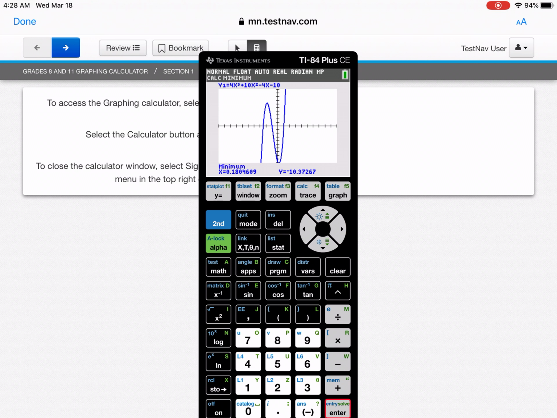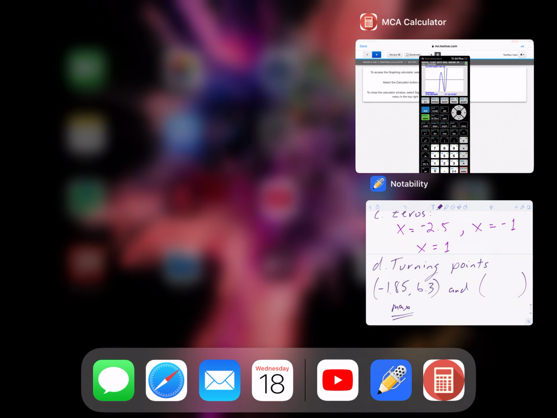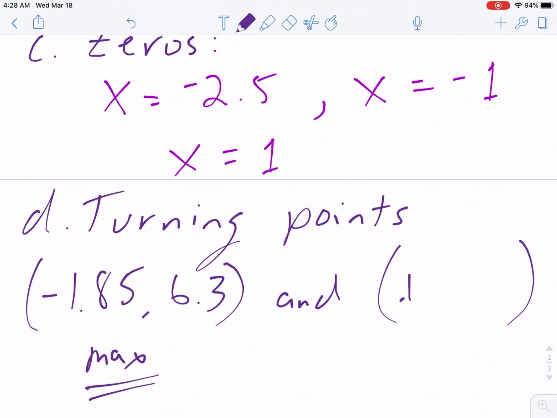Right bound is right about there. We don't need to guess. 0.18, negative 10.37. And that's all there is to that. I've got two more examples coming up. This one was called a min.